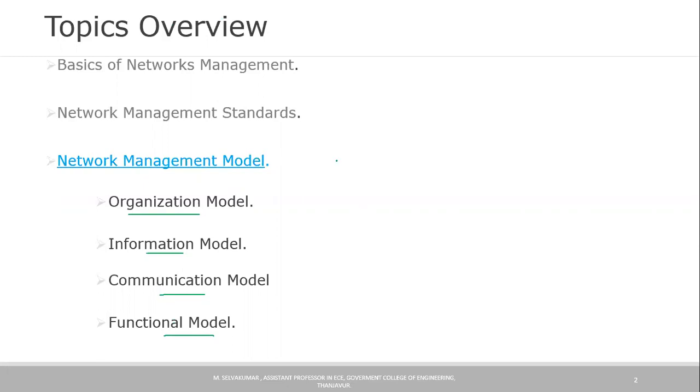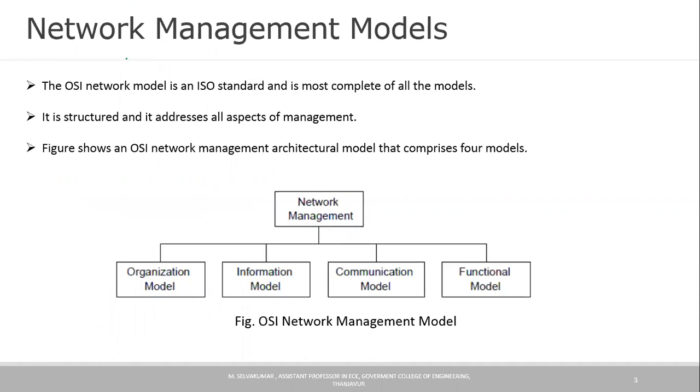Now we have the organization model. The OSI network model is an ISO standard and is the most complete of all the models. OSI means Open System Interconnection Network Model, which is adopted by the ISO, International Standard Organization.